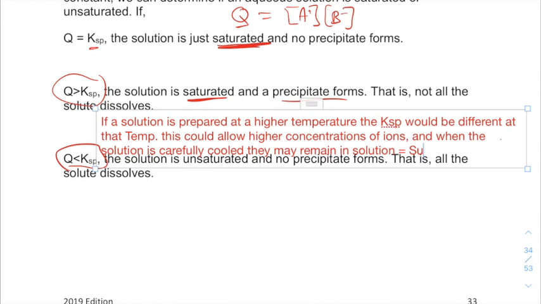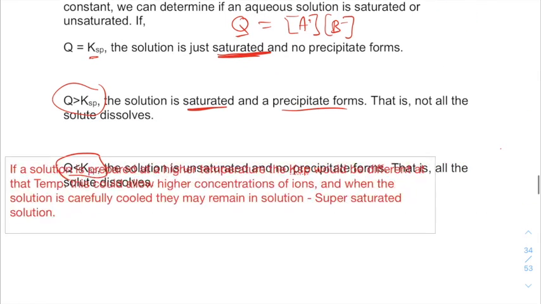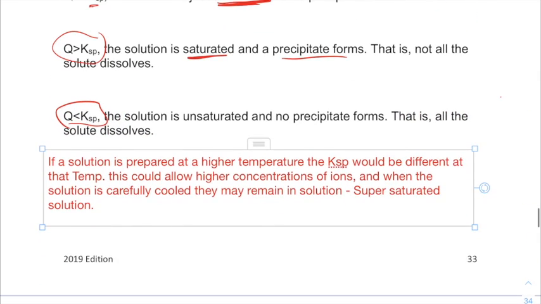This is a supersaturated solution. And a very cool concept, sort of outside the scope of what we're talking about right now, but something that we discussed in our grade 11 course.